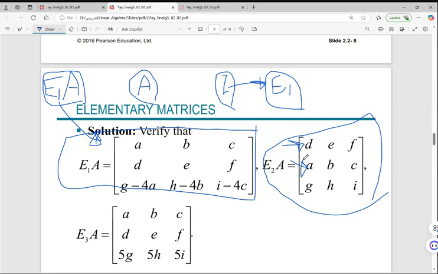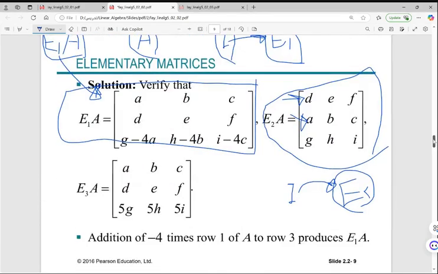So instead of applying this operation directly on A, you can apply the same operation on I and generate E2, and then multiply E2 by A. It gives you exactly the matrix obtained by applying the row interchange on A. So you want to interchange the place of the first row and second row. This is your goal.